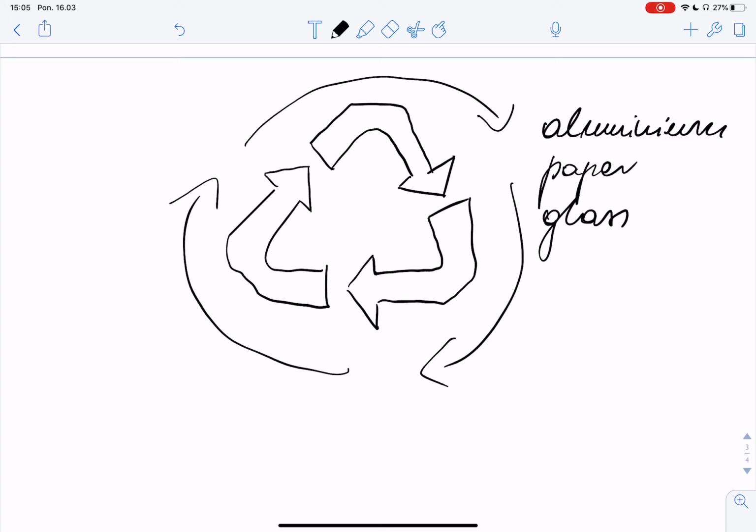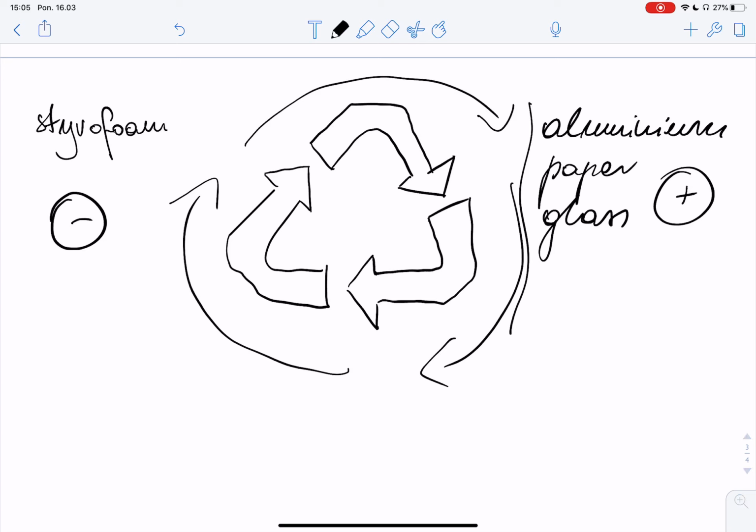Some of the materials are difficult to recycle. For instance, some types of plastic are good for recycling, but styropian cannot be recycled. It's almost impossible. So this is why we should opt for materials that can be recycled.